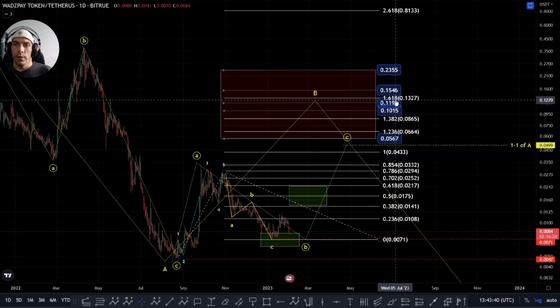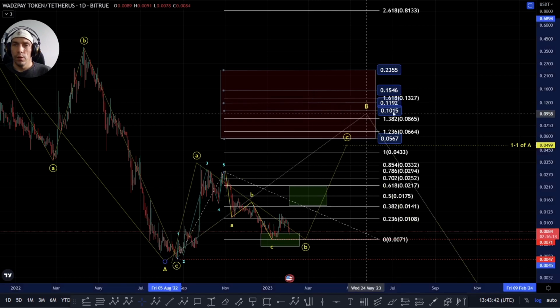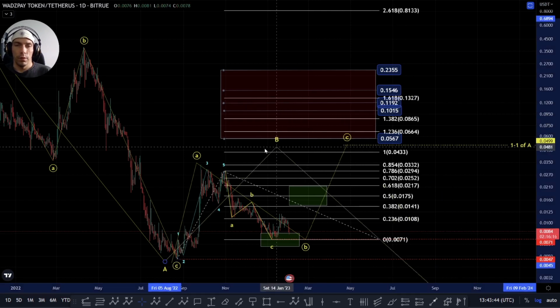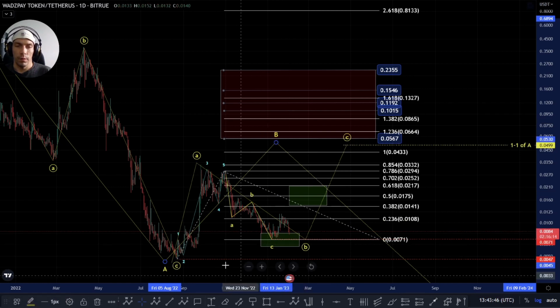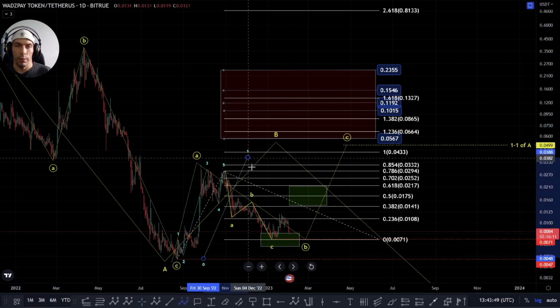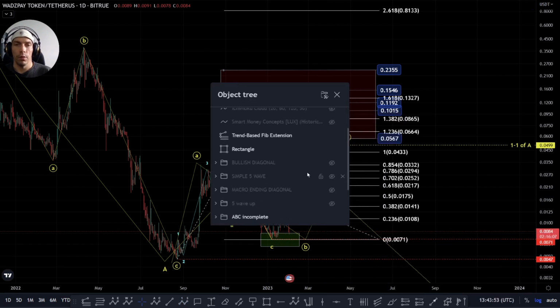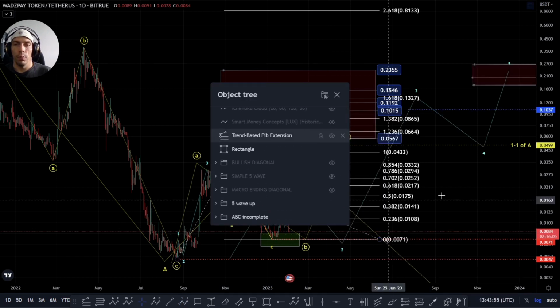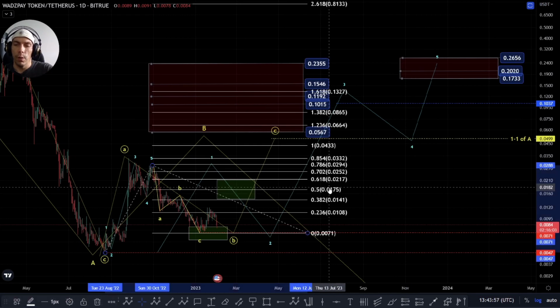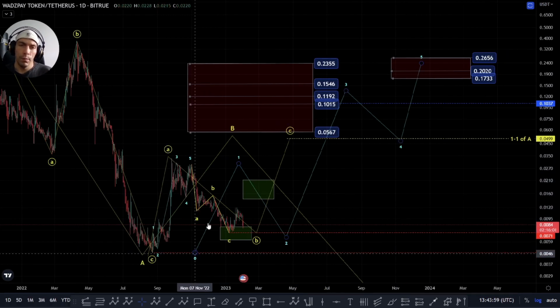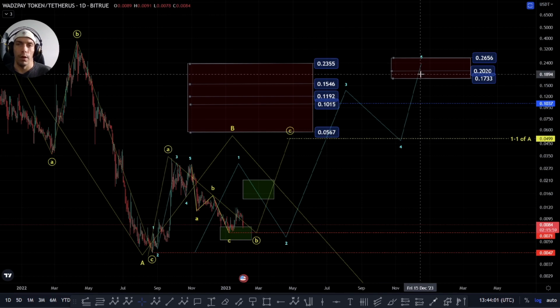If we move past this 13, so this 1327 would indicate to me that we have potential to form a bigger 5-wave move. That would be a typical 5th wave location. So if we do that, effectively we could see something play out like the blue waves that are on screen now, and this could be a 1, 2, 3, 4, and a 5 to the upside.